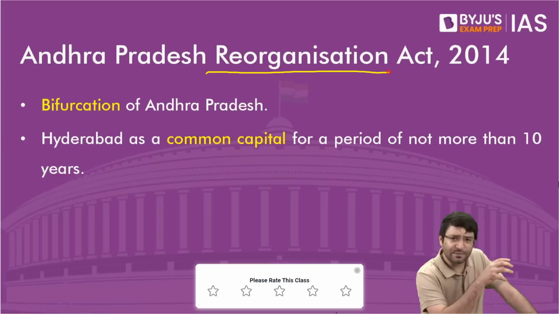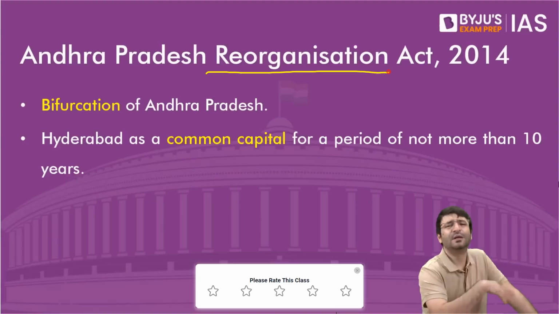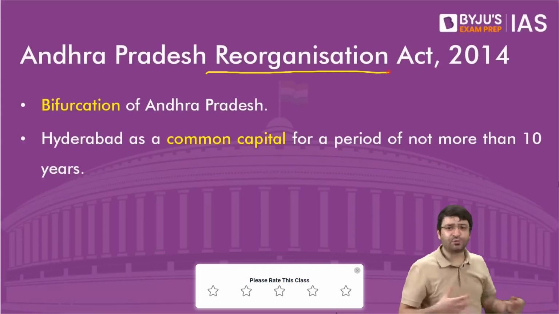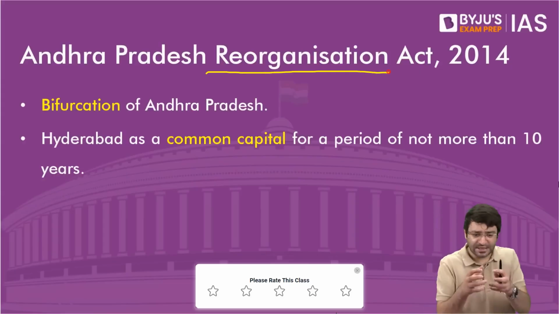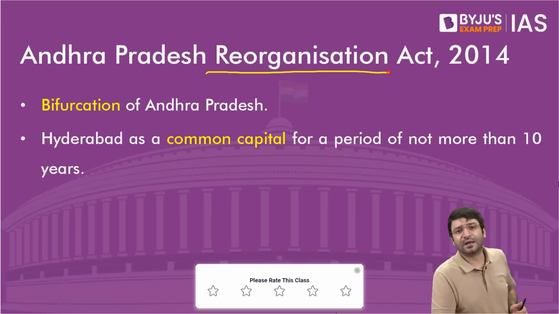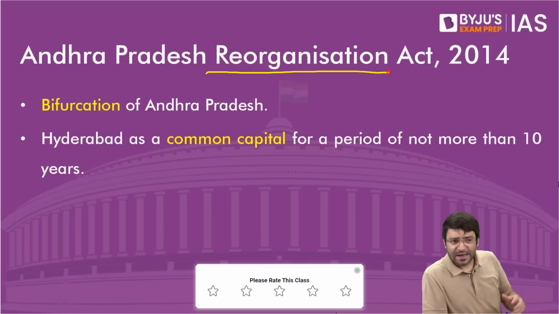So the members from the Telangana region don't have access to jobs, they don't have access to investments, they don't have access to capital, they have been deprived of various resources. That is why they say we have been deliberately underdeveloped. And the only way in which we can develop ourselves is if we come out of Andhra Pradesh and a new state, Telangana, is carved out. And the leader of this agitation was Mr. KCR.